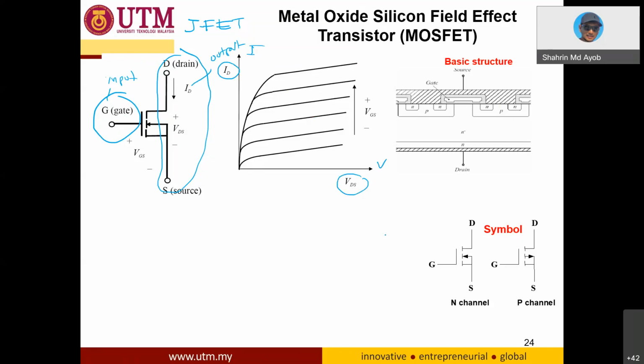Compared to the BJT, which uses IB as a controller, in this MOSFET it uses voltage VGS to control the characteristic of the MOSFET. Okay, same with the BJT, we have 3 regions.